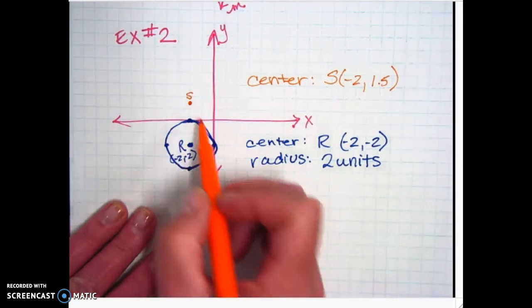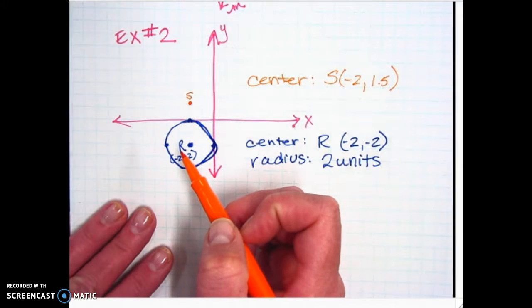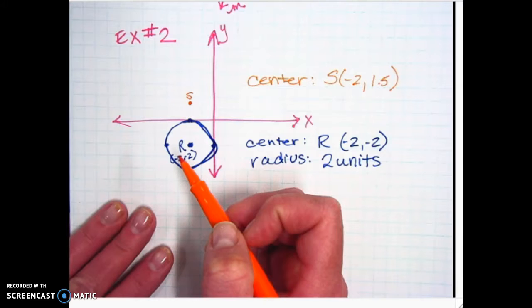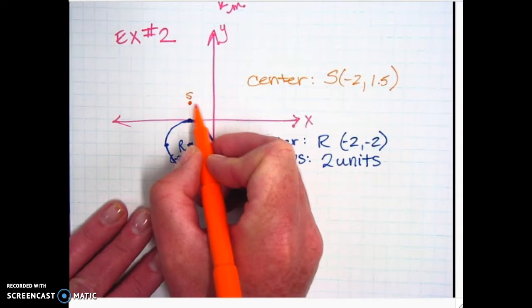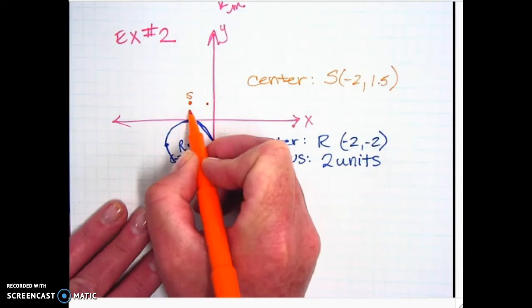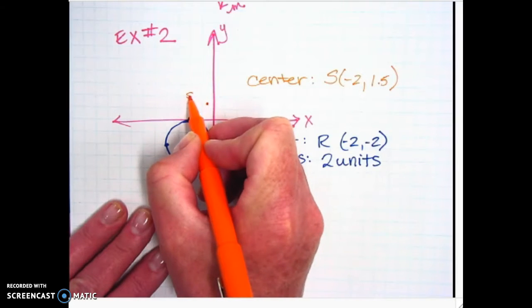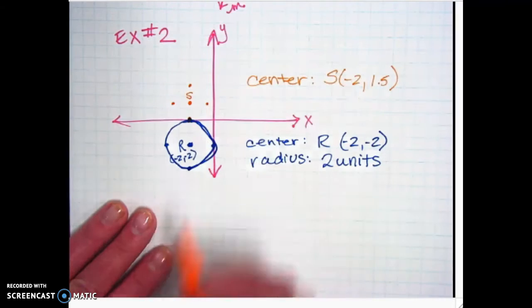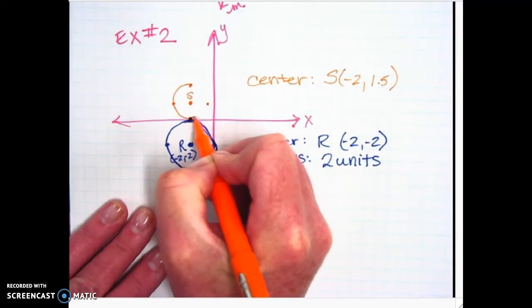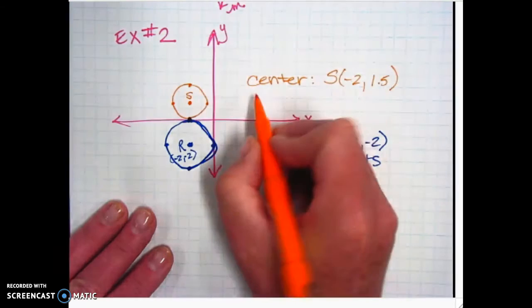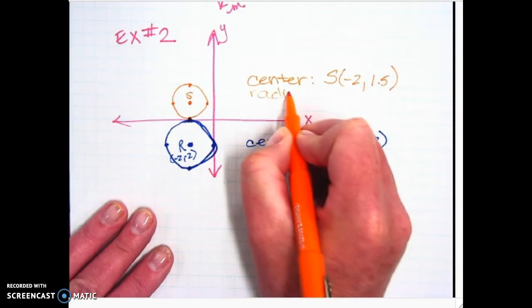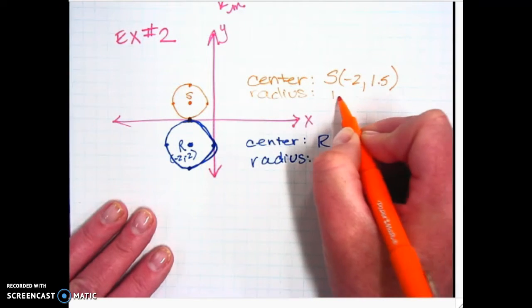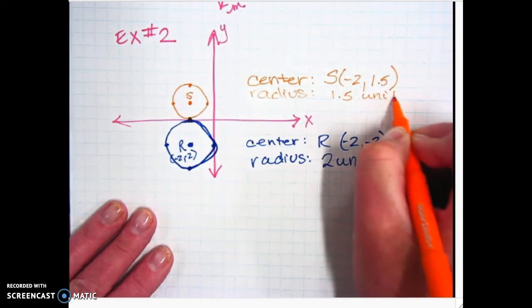And then from there, how far are we going to go? 1.5 units each direction. So I'm going to go 1.5 this way, this way, this way, and this way. Same thing. We're going to make a slightly smaller circle. So this one has a radius of 1.5 units.